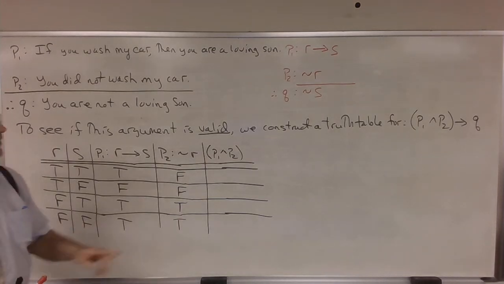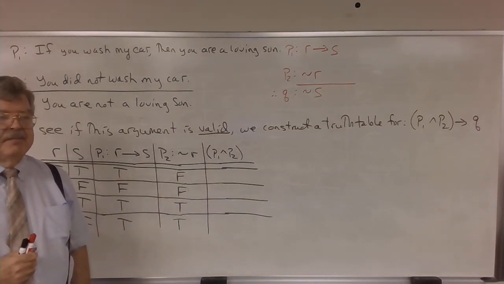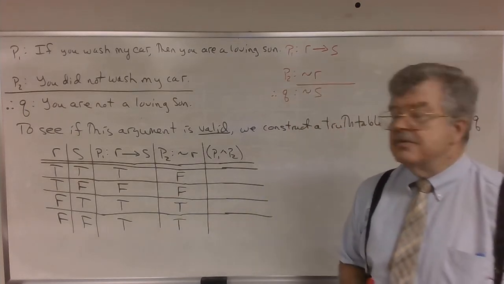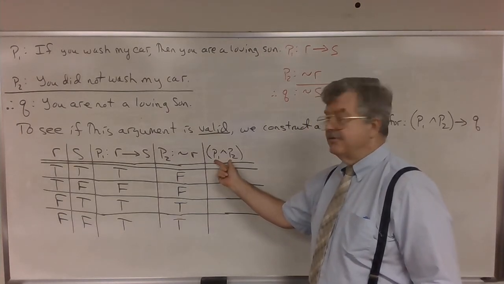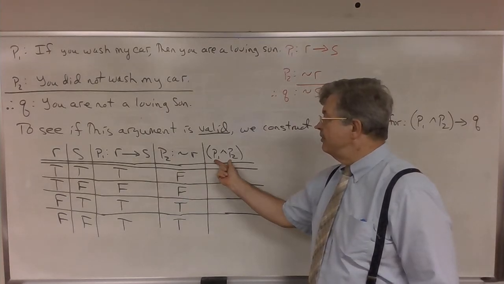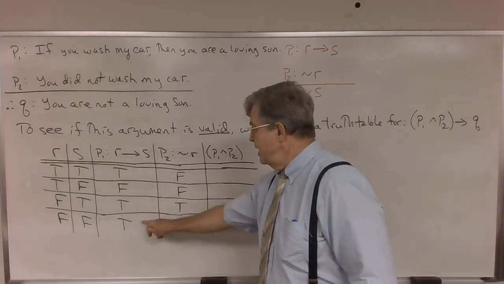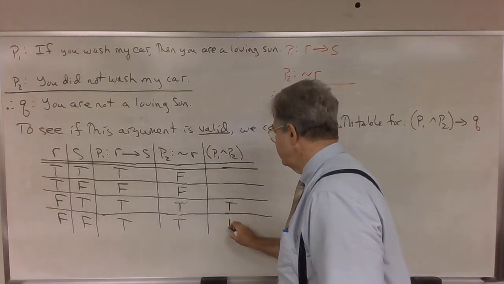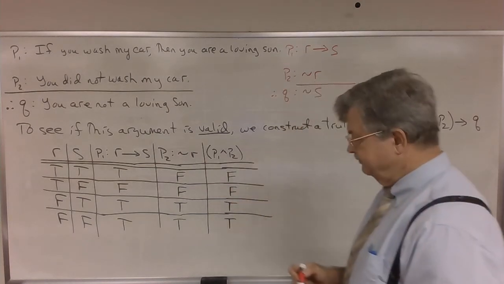It's a conjunction. It's an and statement. What's the special case for an and statement? The only time an and statement is true is when each of the individual statements that make it up are true. So we look for a case where P1 and P2 are both true. And that happens here, and it happens here. Every other time, it's false.